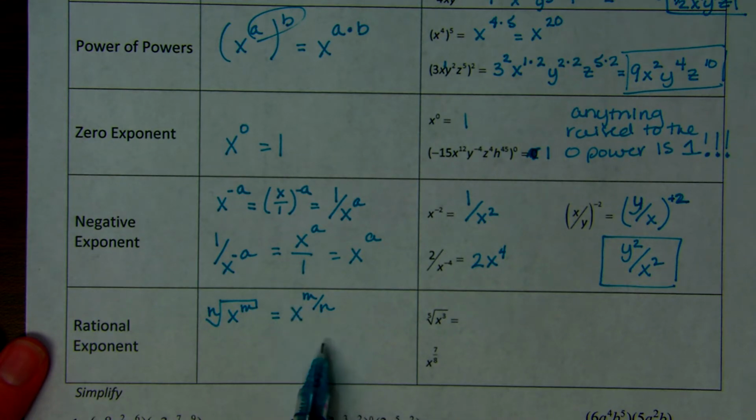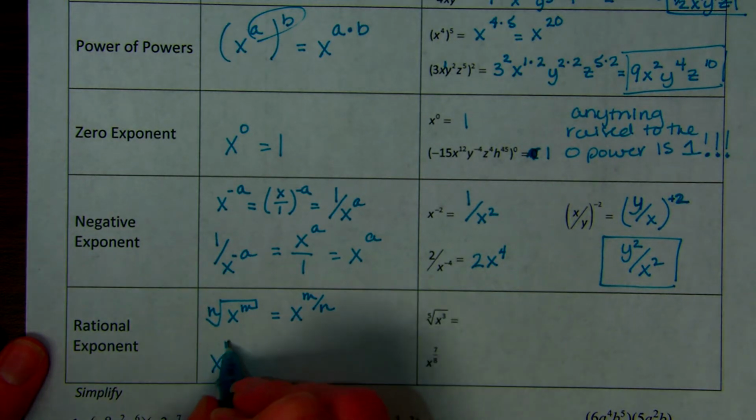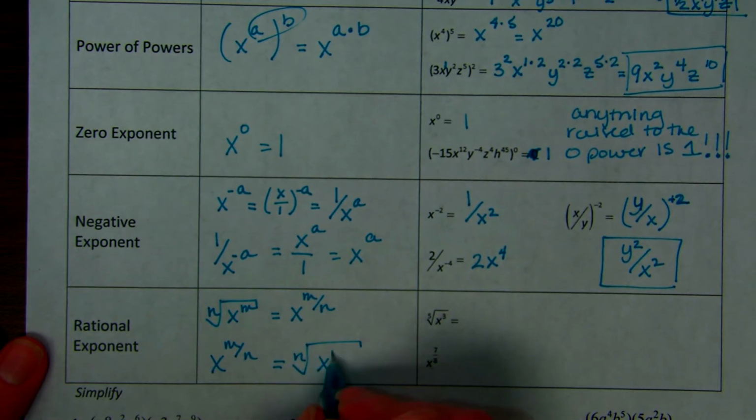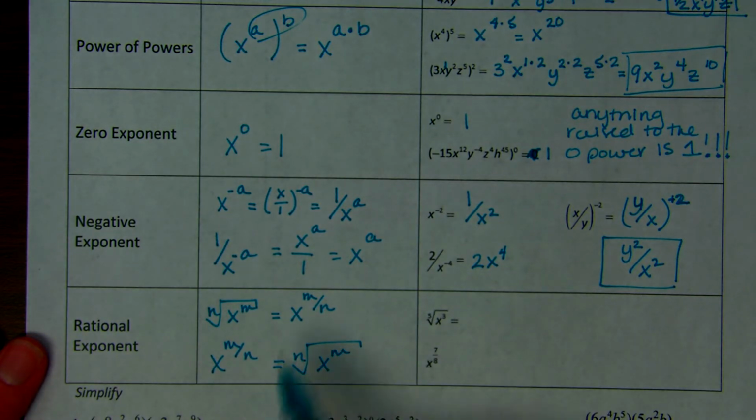Exponent on top, root on the bottom. All right, it becomes a fractional exponent, a rational exponent. That property goes both ways. So if you have x to the m over n, you can rewrite it as a root. It's the nth root of x to the m. It's just important to remember that it goes both directions. You can take a root and write it as an exponent, but you can also take an exponent and write it as a root.